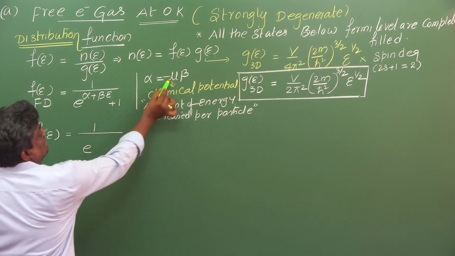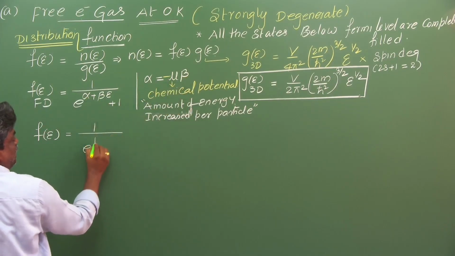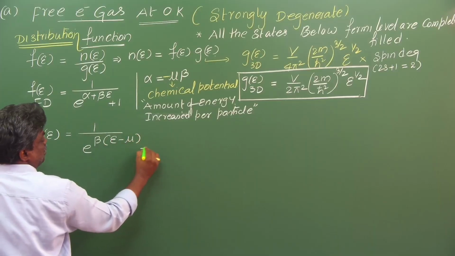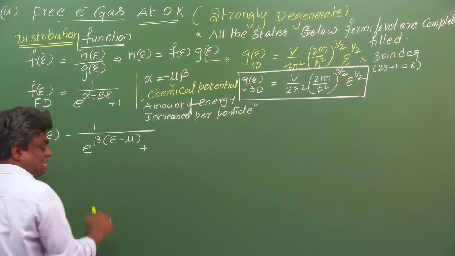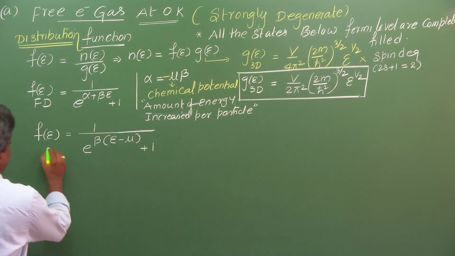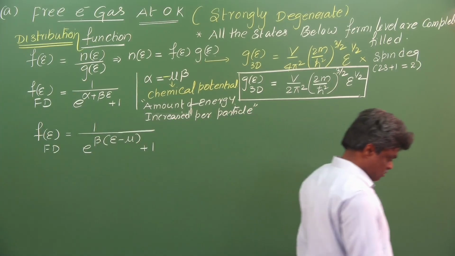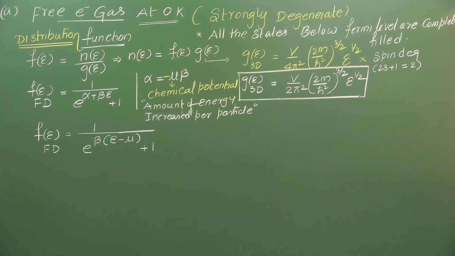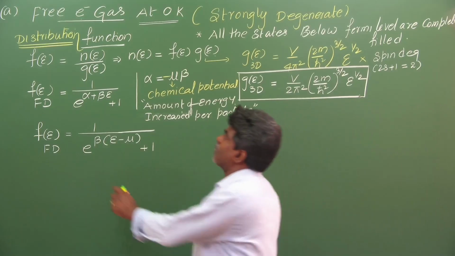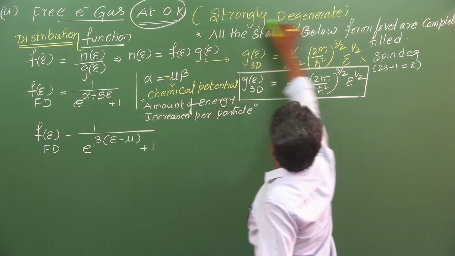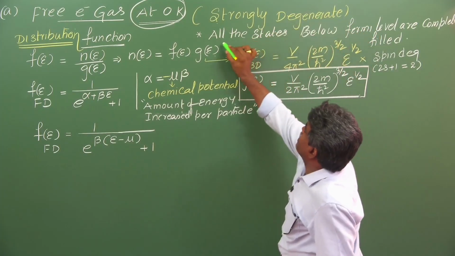Now alpha is minus mu beta, that's why e raised to beta times e minus mu, plus 1. Everybody understand? Now what is the distribution function for Fermi-Dirac statistics? Read. 1 by e raised to beta times e minus mu, plus 1. Now you are considering the system at which temperature? 0. What is the meaning of that?